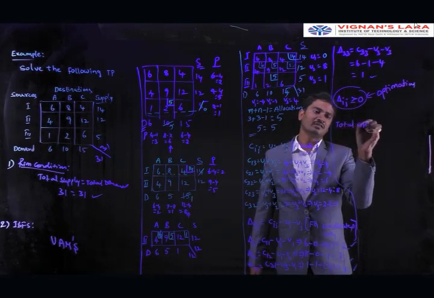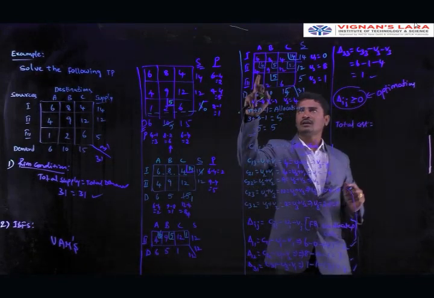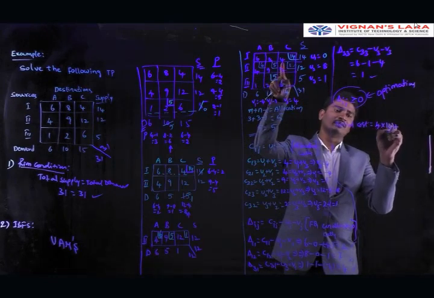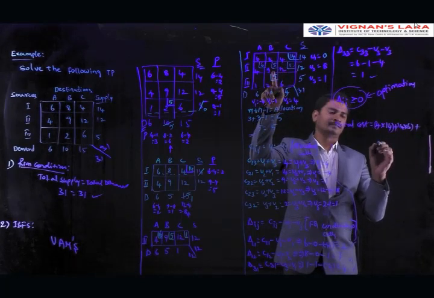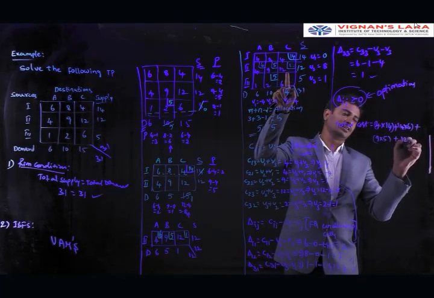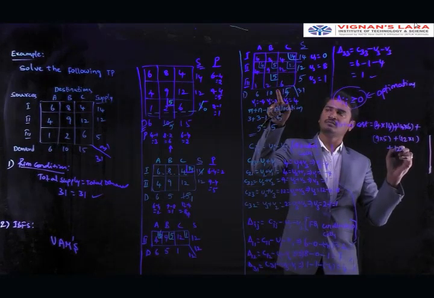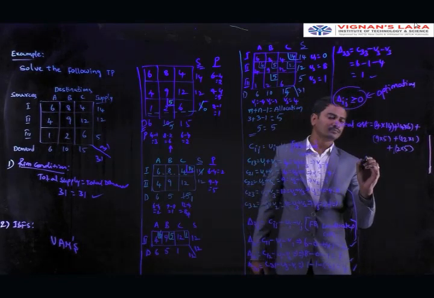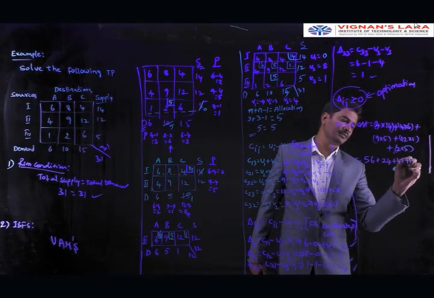Total cost is equal to, we are calculating here the total cost from the allocations. Okay, here first allocation is 4 into 14, then second one 4 into 6, then third one 9 into 5, then 12 into 1, then 2 into 5. From this 56 plus 24 plus 45 plus 12 plus 10.